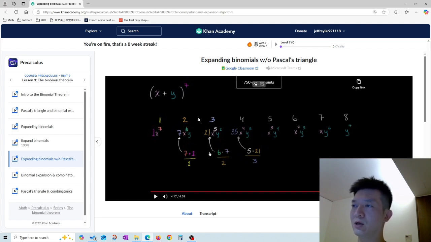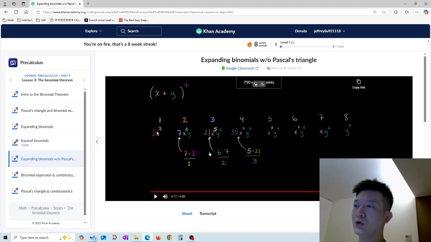So how do we get, without using the Pascal triangle, the coefficient or the choosing formula right in front of your x and y, or your variables?